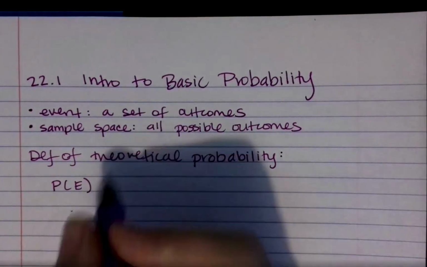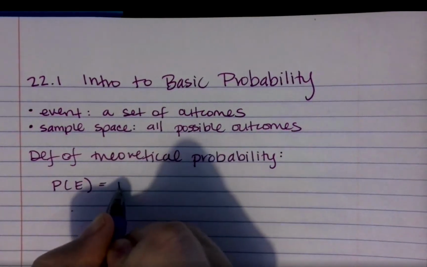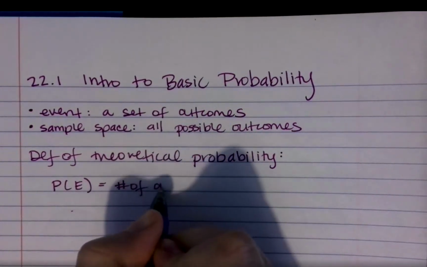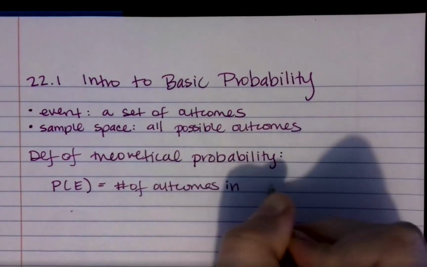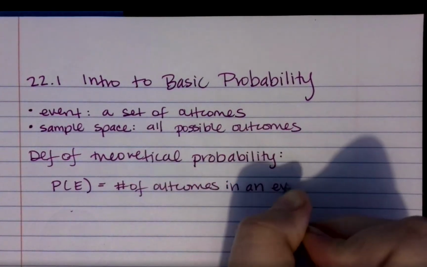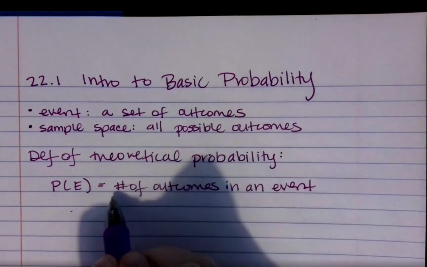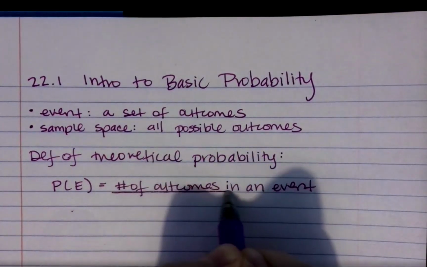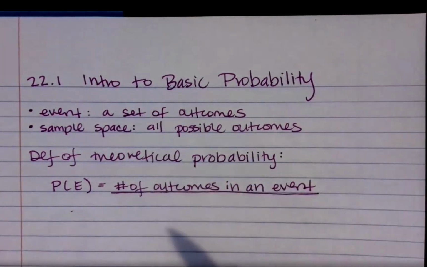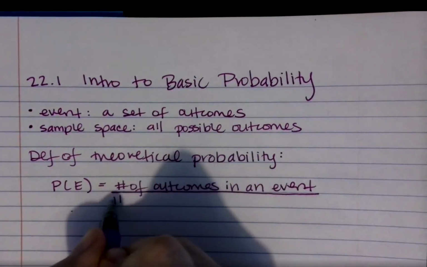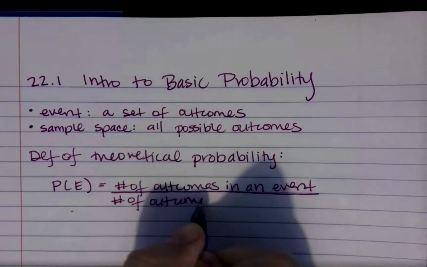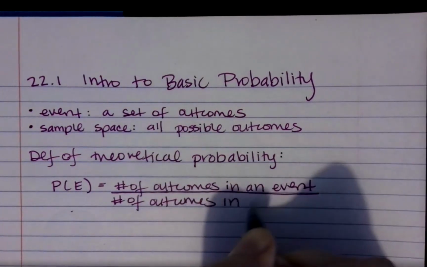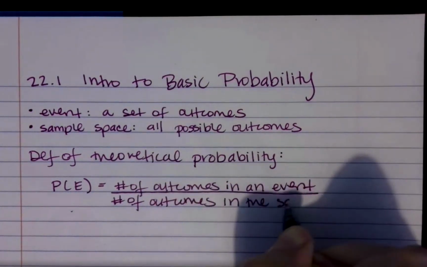So we have the probability of an event is the number of outcomes of an event divided by, here's where our calculator is going to come in handy, we're going to do some division, some fractions, the number of outcomes in the sample space.